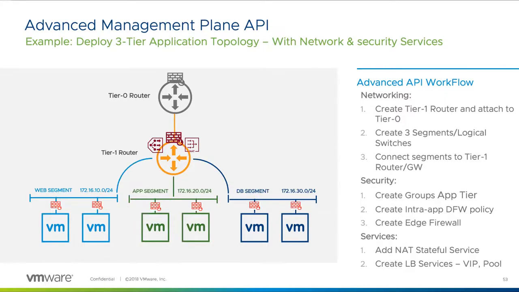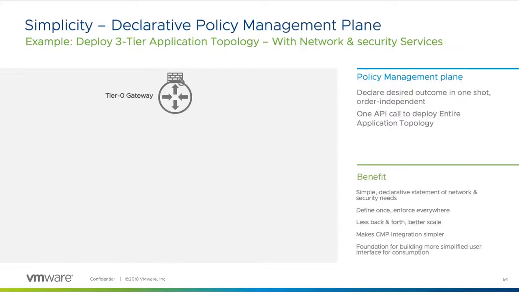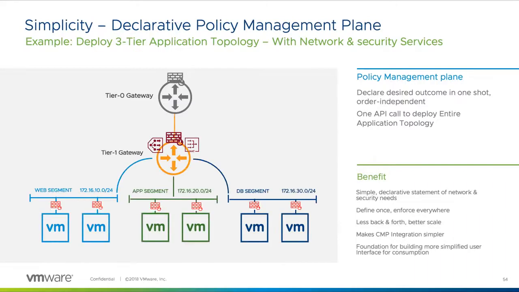It was really complex and difficult, and so that's where we moved to this declarative policy management plane, where we can build this whole structure in one document, hit apply, and it will build the entire environment in one click.